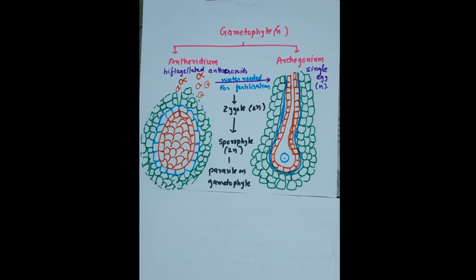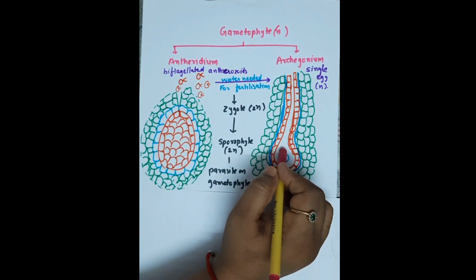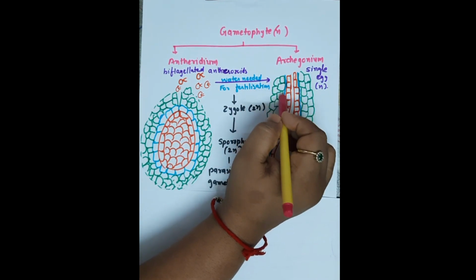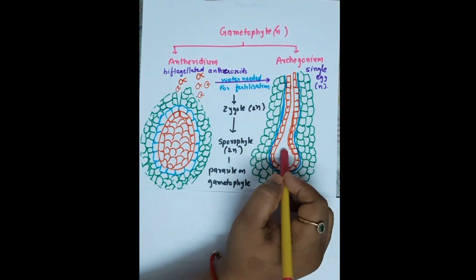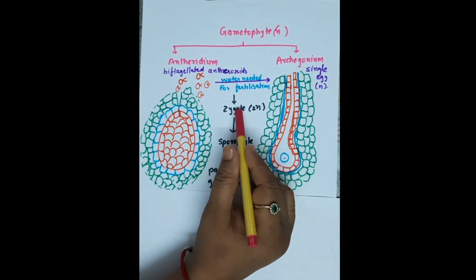The anthrozoids are released into water and reach the single egg cell, that means they come into contact with the archegonium, and when an anthrozoid fuses with the egg, they form the zygote.